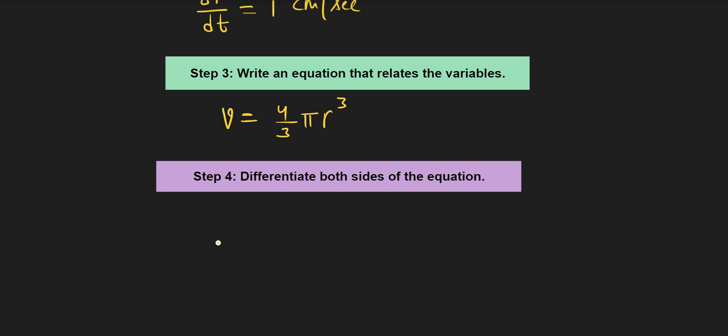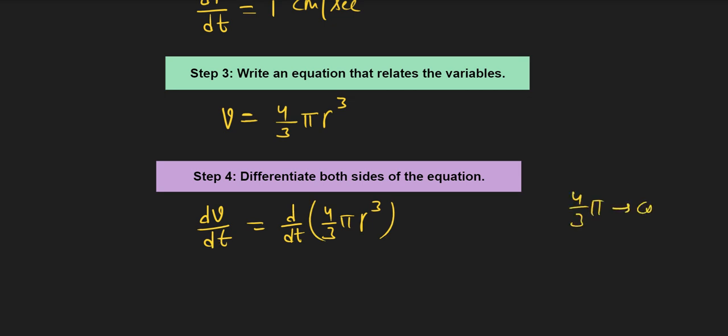We have to differentiate both sides of the equation with respect to time. So it's going to be d over dt of 4 over 3 pi r cubed. Now as you know, 4 over 3 pi is a constant.